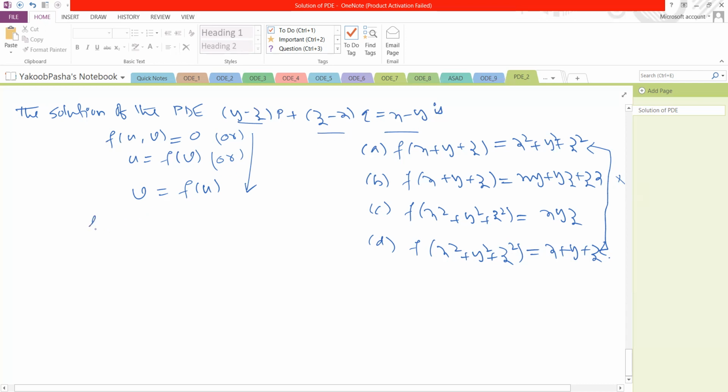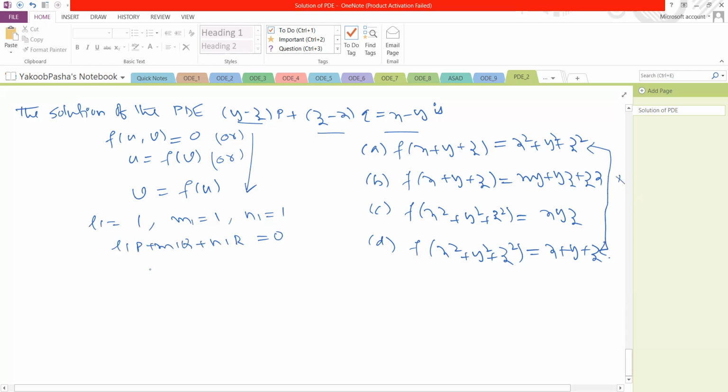Now I am choosing L1 1, M1 1, N1 1. So add them: y minus z, z minus x, x minus y, all are cancelled. So L1p plus M1q plus N1r is equal to 0.